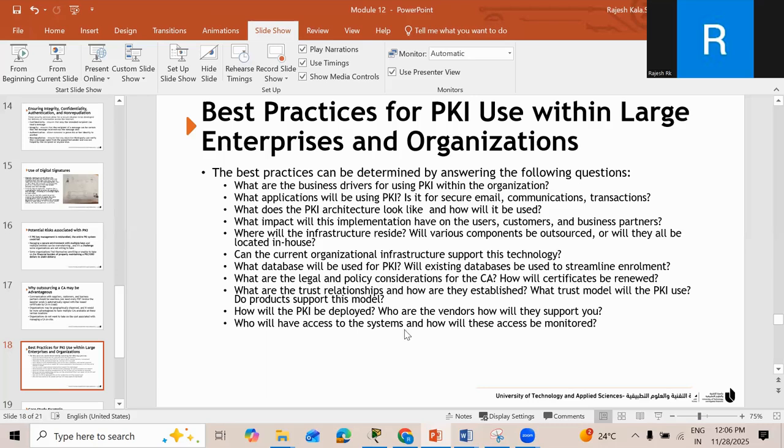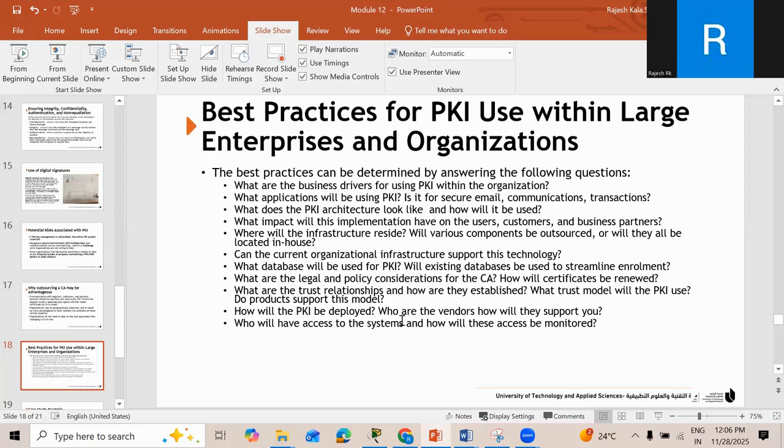What are the legal and policy considerations for the CA? How are we going to handle the legality issues of issuing the certificate? Whether the certificate is renewable or not. Then what trust relationship is established? What trust model are we using? All these things. How will the PKI be deployed? When you issue a certificate, how are you going to deploy it?